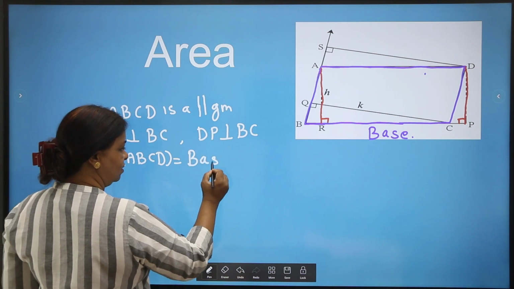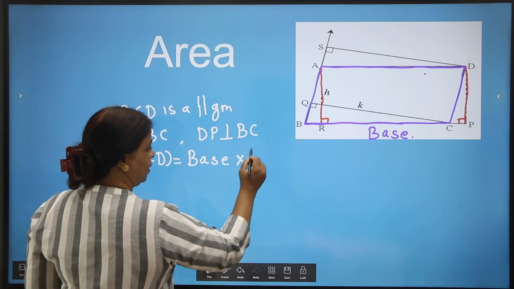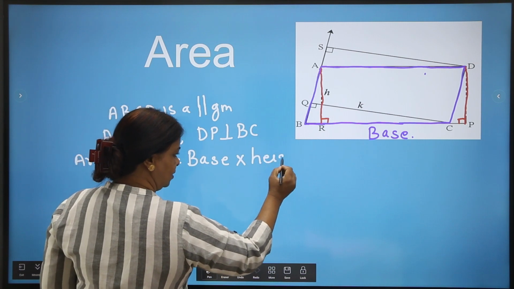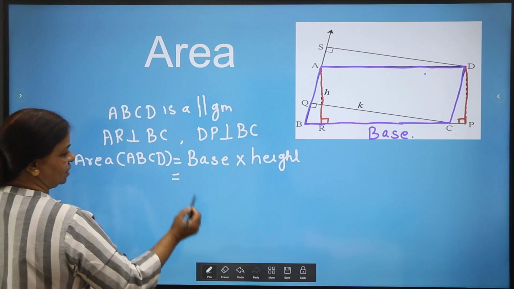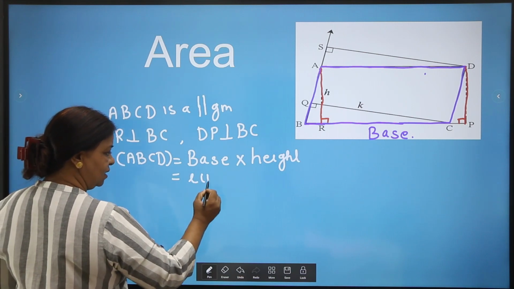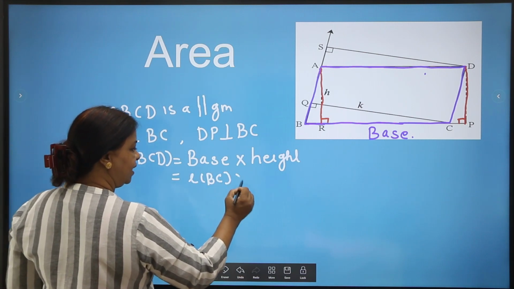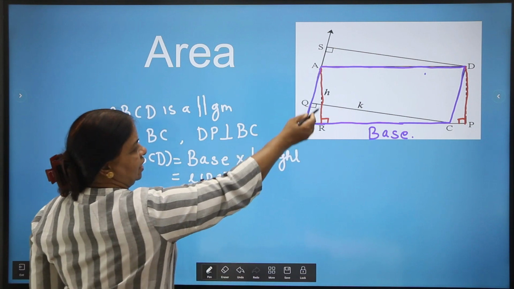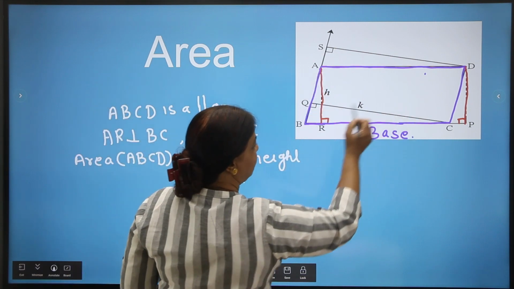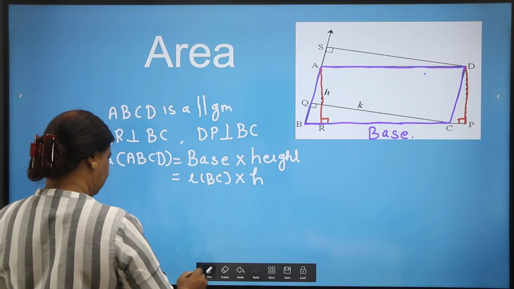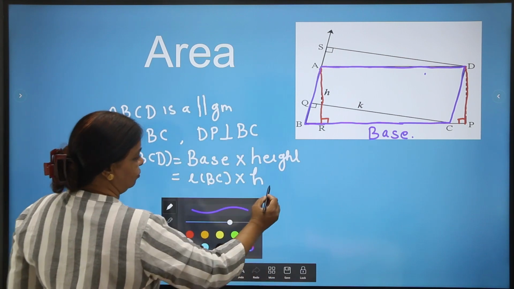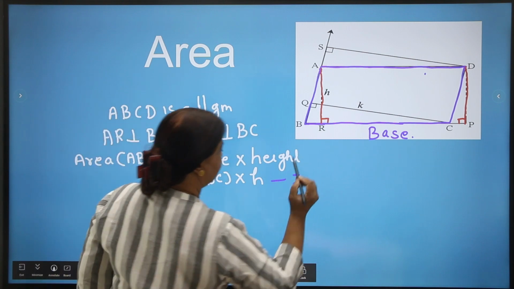Now we have only learned area of parallelogram, base into height. Okay. What is base? Base is length BC and height is nothing but H. You can take AR or you can take DP. Both are H only. Okay. This is the first point.